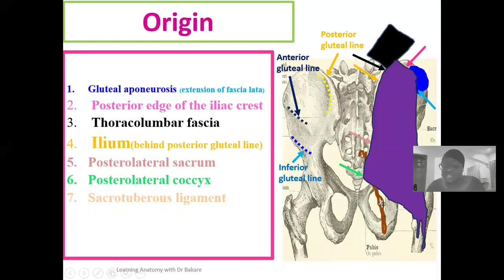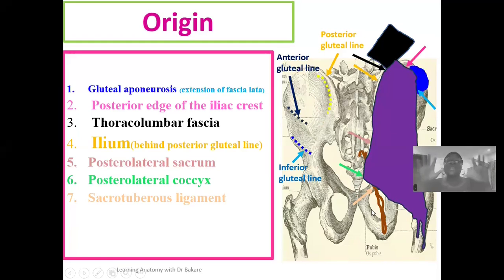Remember, we said that the ischium is located at this lower edge, and we have the sacrum at this upper edge. So you have a ligament connecting the sacrum to the tuberosity of the ischium, and this is what is referred to as the sacrotuberous ligament. We also have fibers of the gluteus maximus originating from the outer surface of the sacrotuberous ligament, and this is what is carried at this lower edge.